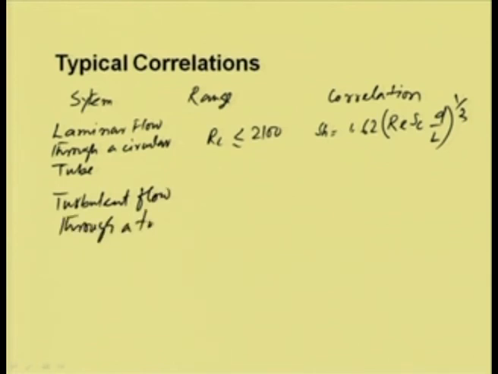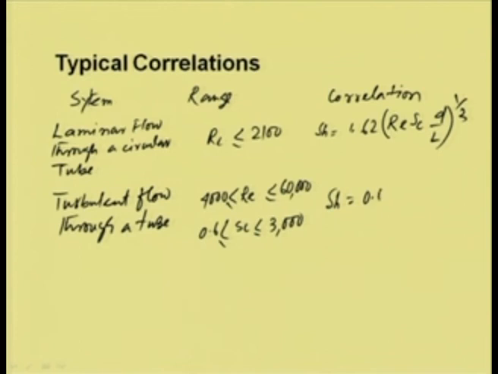If Reynolds number is greater than or equal to 4000 and less than or equal to 60,000 and Schmidt number is greater than 0.6 and less than 3000, then Sherwood number is equal to 0.023, Reynolds number to the power 0.83 and Schmidt number to the power 0.33.